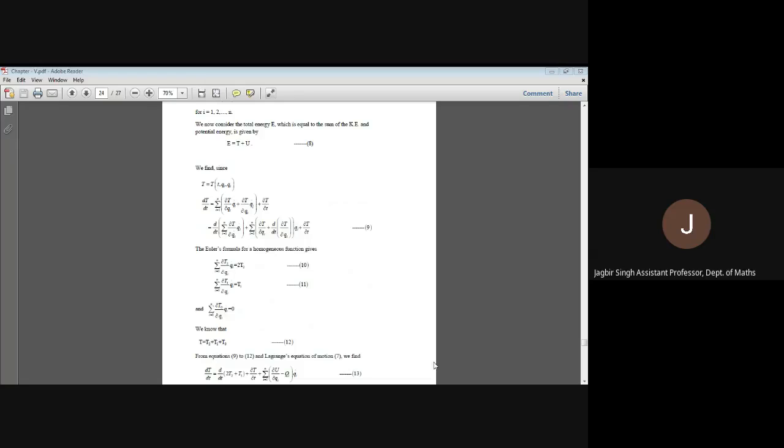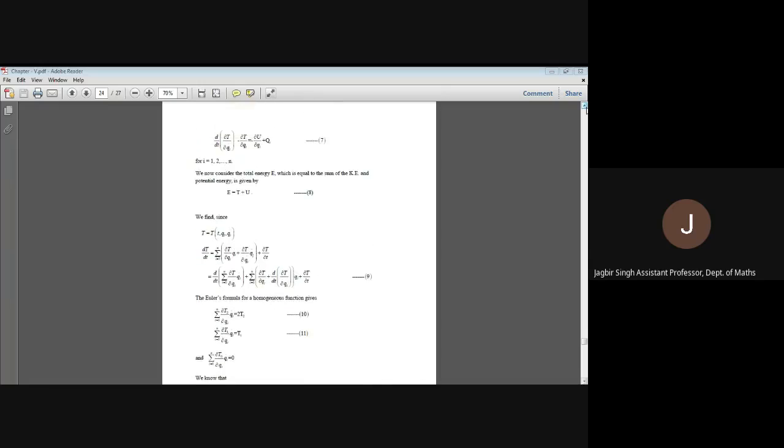Plus the summation i from 1 to n in equation number 9. In this second summation, the values will be replaced from equation number 7, so it will be ∂U/∂qi minus Qi tilde.